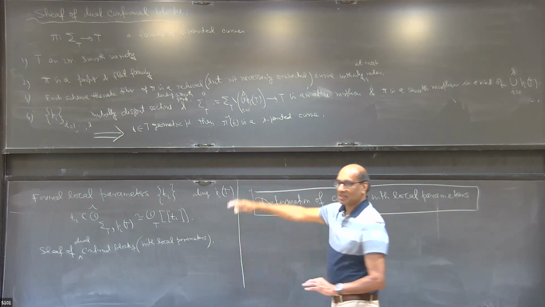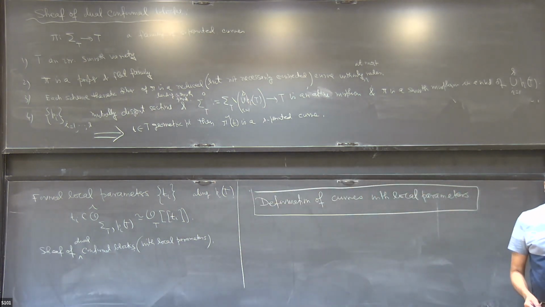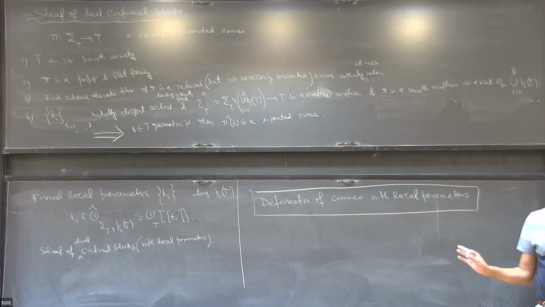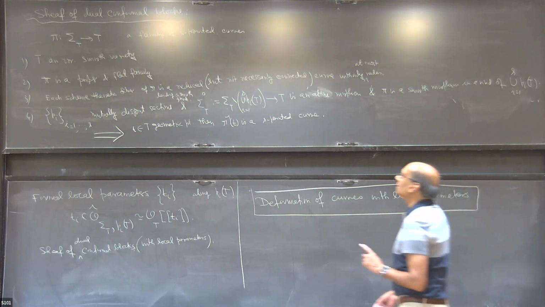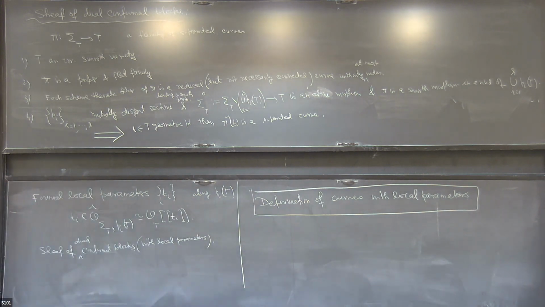So this whole thing which I defined with several of these properties, I'm going to just say these are deformation of curves with local parameters. That's what I'm going to call it. Okay. And I'm assuming here T to be smooth, but that's a kind of a series.